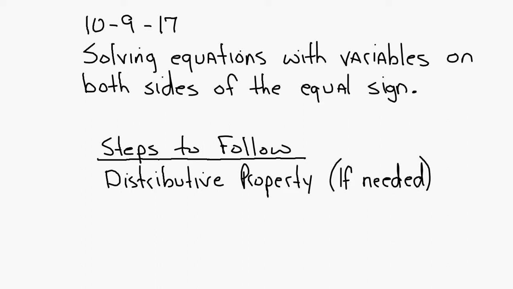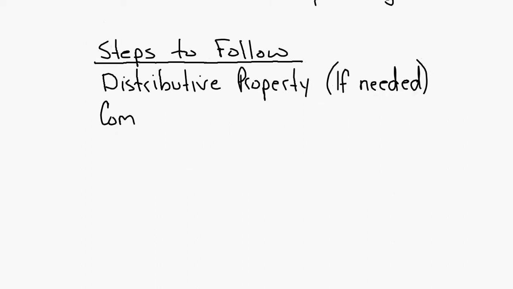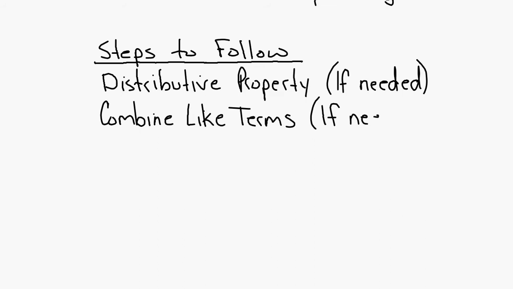After the distributive property, you are going to combine like terms. And to the right of that, put "if needed" as well. And when I do some example problems, you'll see what the "if needed" means.